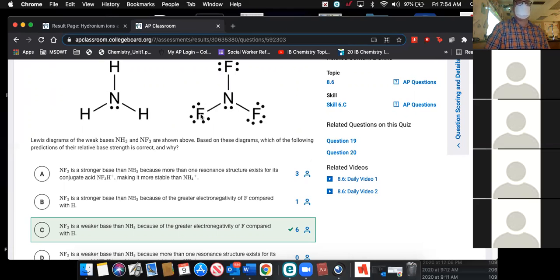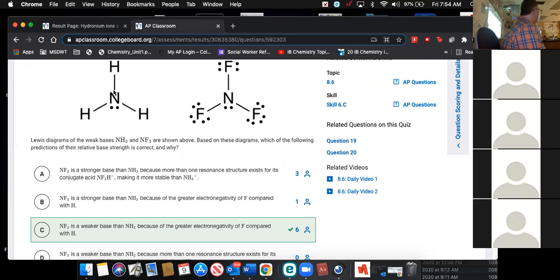So with all of these Fs sitting here, the electrons on that nitrogen, are they going to be able to be given away easily? No. But the hydrogens are like, you do your thing, nitrogen, with your electrons, right? So those are going to be able to be pulled off easier for sure.